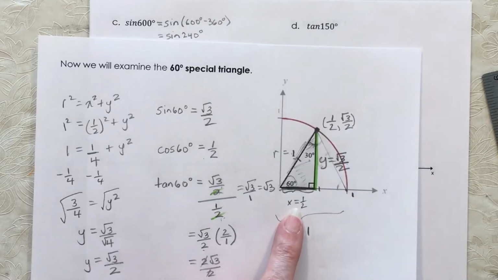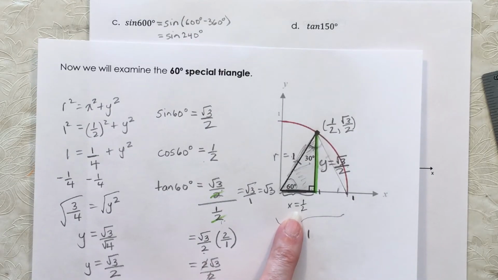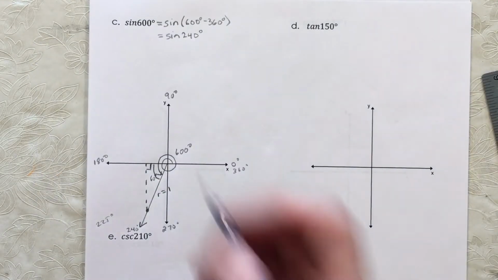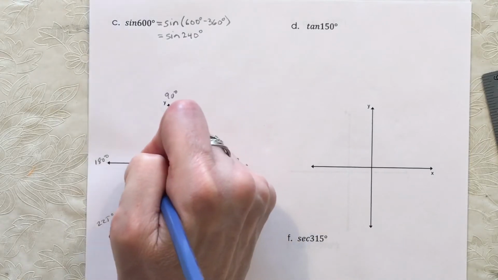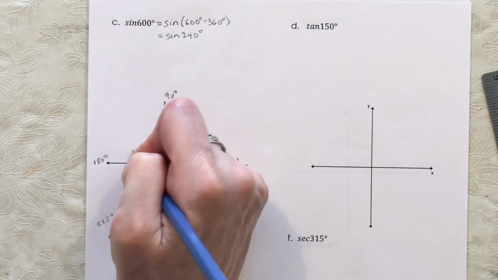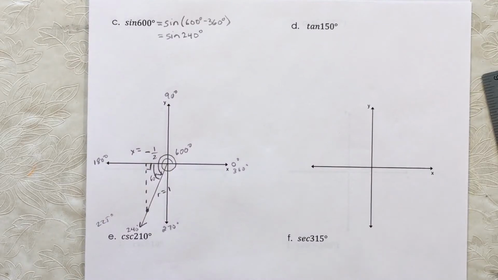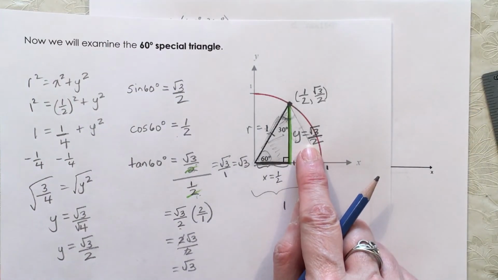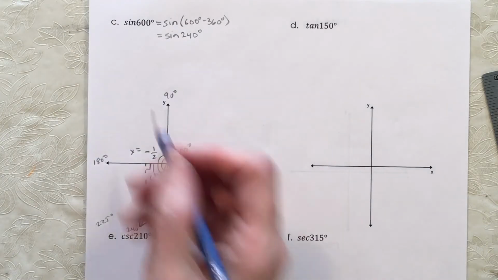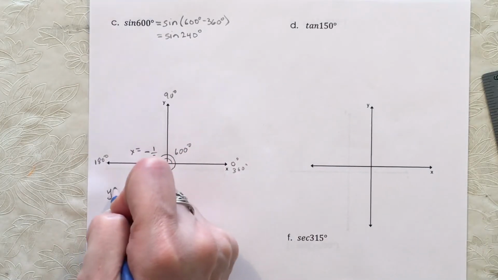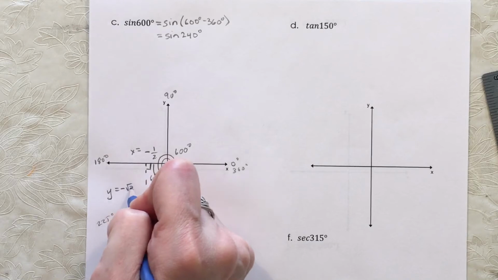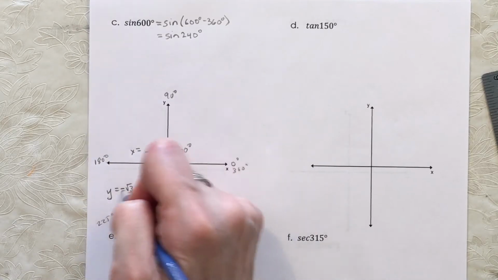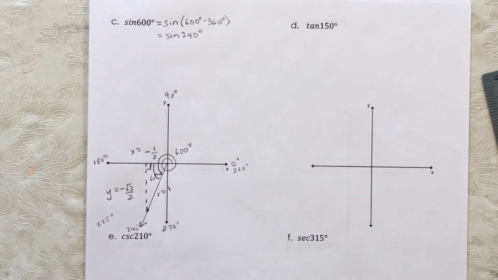The x for a 60-degree triangle is either going to be positive or negative a half depending on the quadrant. So it makes sense in quadrant 3 for the x value to be negative a half. And for a 60-degree triangle, the y value is going to be positive or negative root 3 over 2. In the third quadrant, it makes sense for it to be negative root 3 over 2. So I've got my x, y, and r labeled, and my angle labeled.